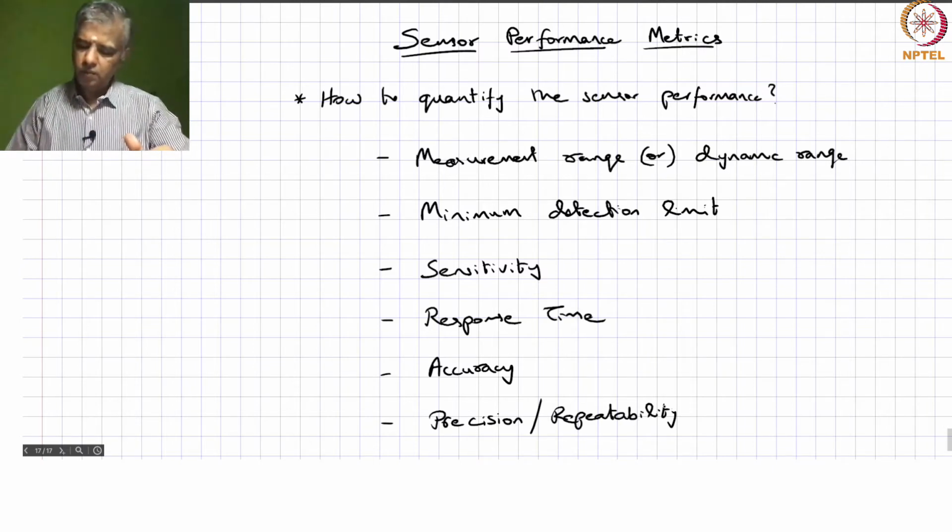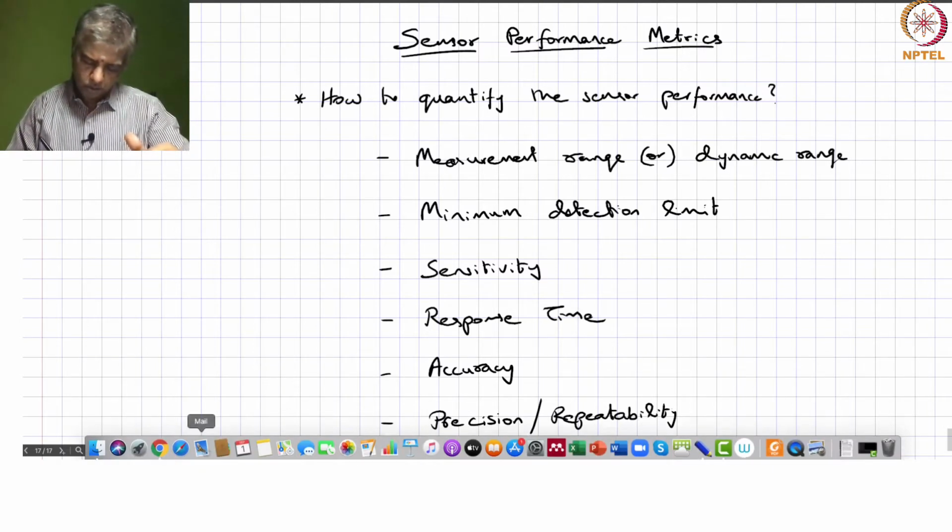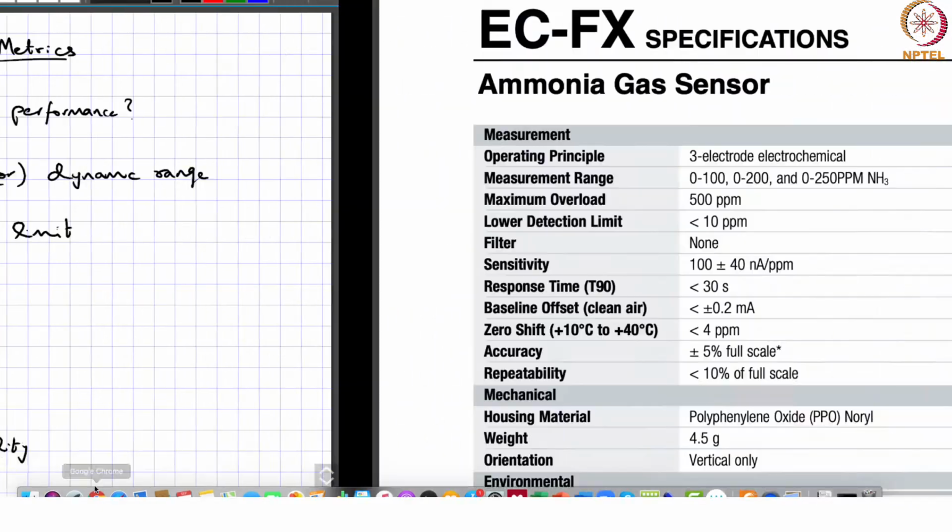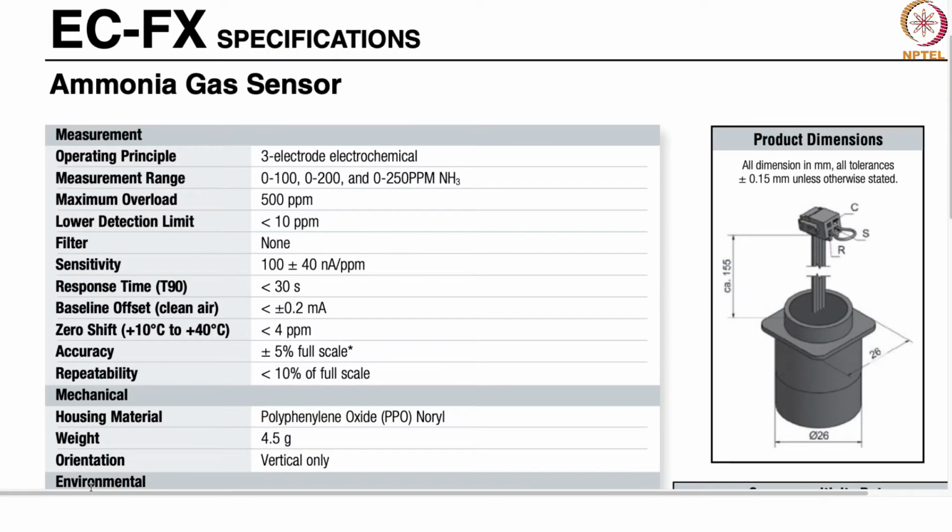And to give you an example, let me actually go to a commercial sensor that's available in the market. Okay, so this is an ammonia gas sensor, made by I think Honeywell. So what are the typical specs we see for this gas sensor?